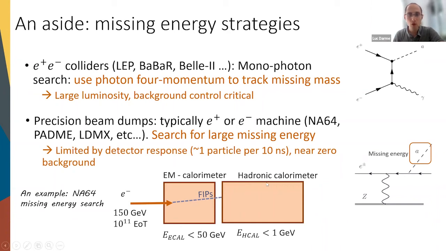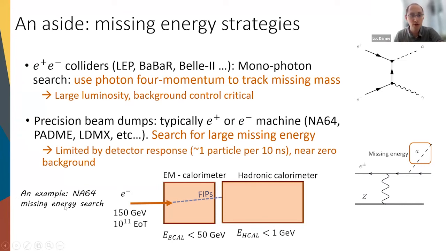So what they would look for is a production in the target where the ALP, in this kind of process for instance, is produced by Bremsstrahlung off the magnetic field of the nuclei. It's just like a Bremsstrahlung process, so the ALP will take most of the energy of the incoming particle.